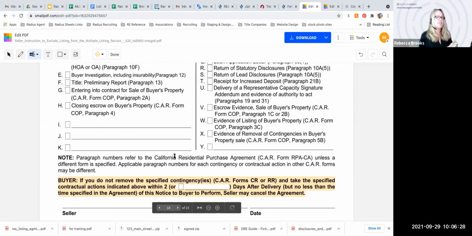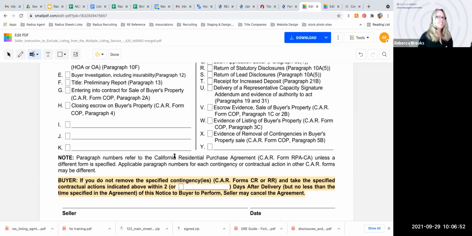So a lot of listing agents, especially in a transaction that has been very difficult, maybe the parties aren't getting along, there have been a lot of bumps in the road, maybe you've asked for a bunch of extensions already. Say you know that your contingency removal is due on Friday.